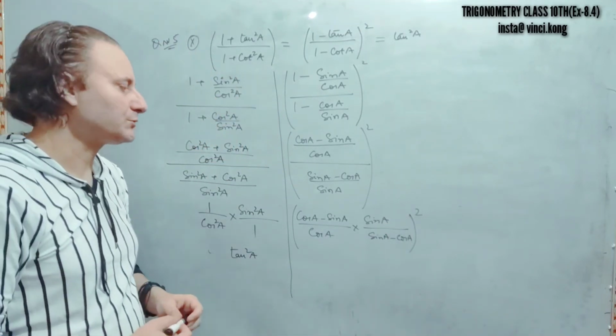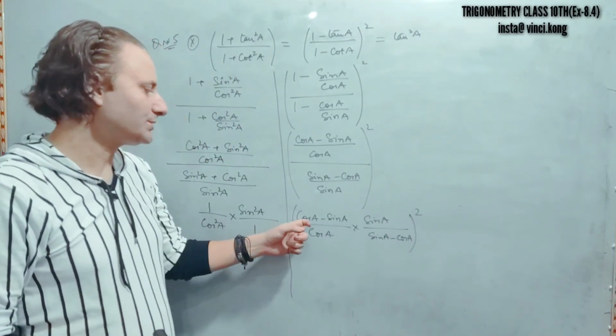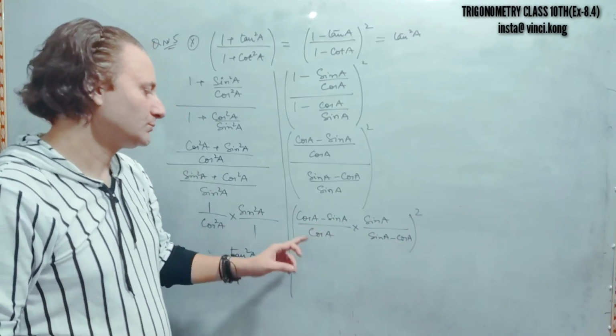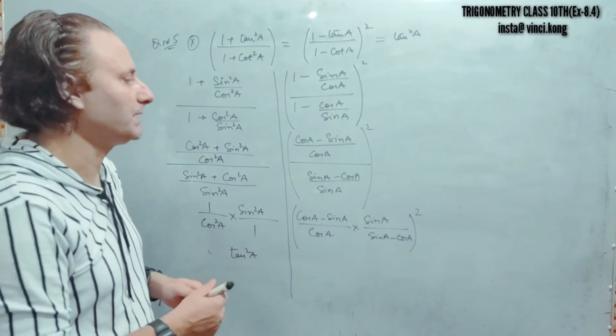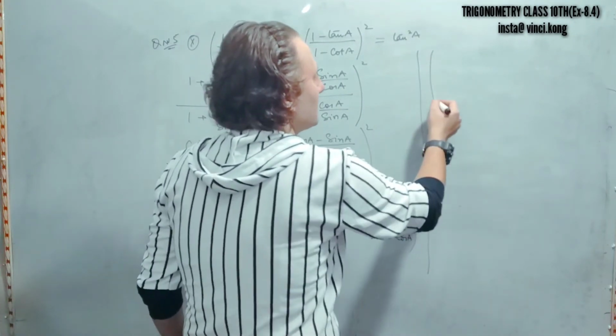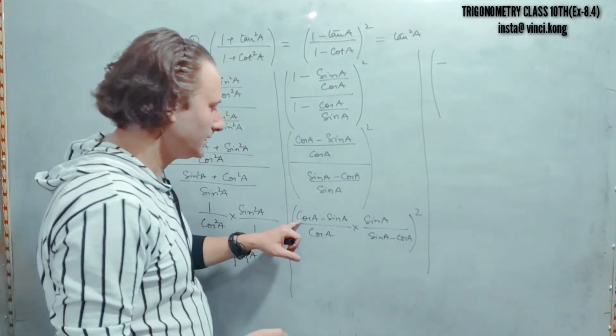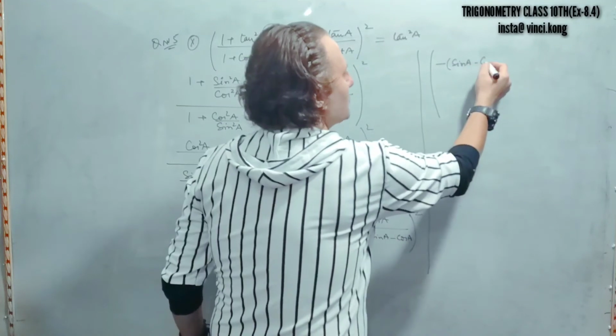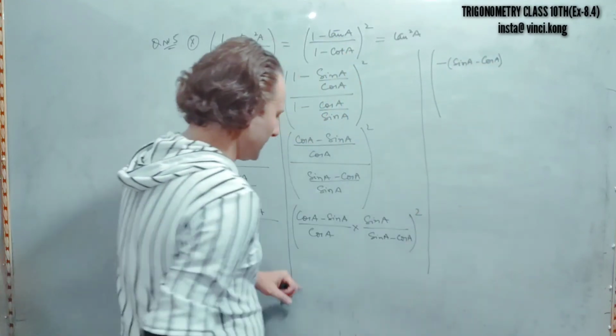Here also we have a situation. We have cos A minus sine A, and here it is sine A minus cos A. So let me take the negative sign common here. So let's see what happens. I'm taking the negative sign, and this becomes sine A minus cos A, right?